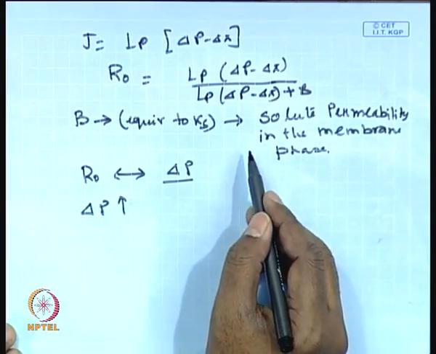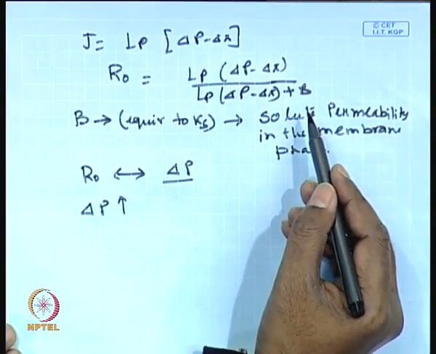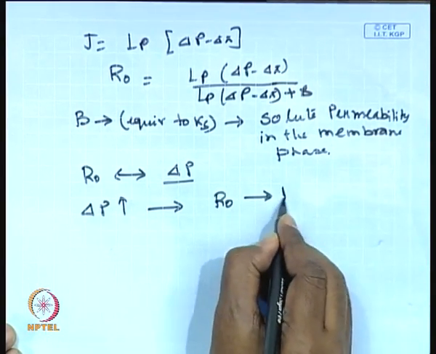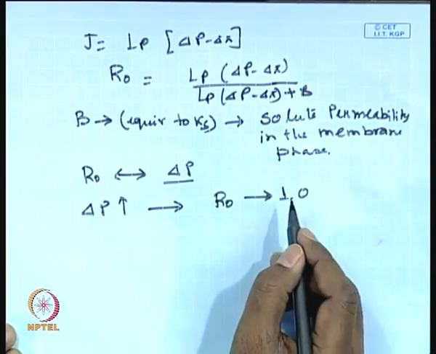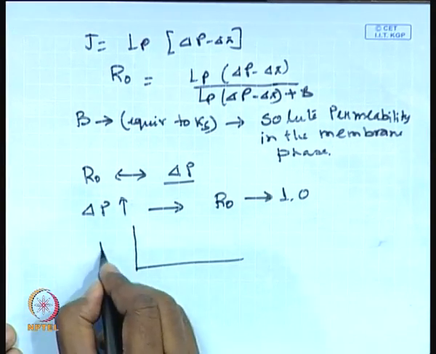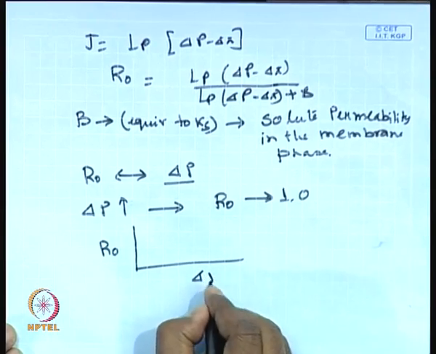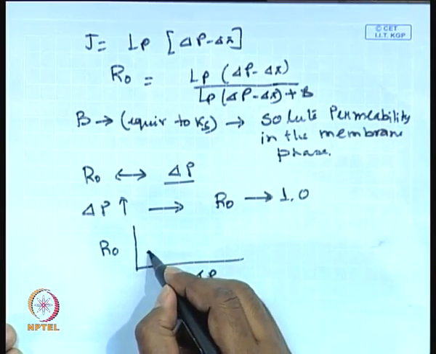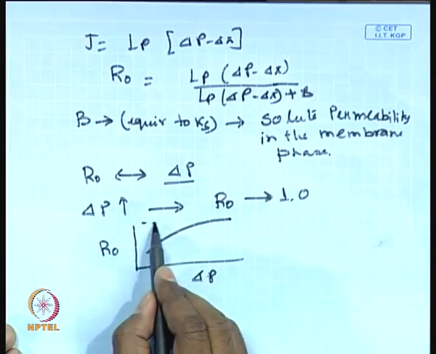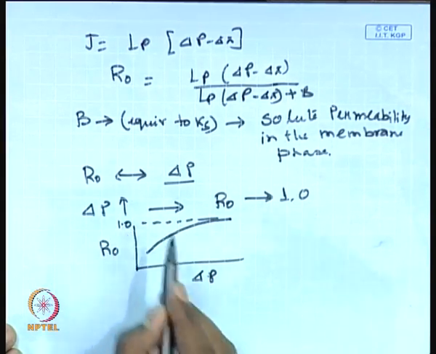The B becomes very insignificant, and you will be getting R naught tends to 1. Okay. So, that means for higher pressure, if you plot observed retention versus delta P, in case of reverse osmosis, you are going to expect a curve something like this, and this value will be close to 1.